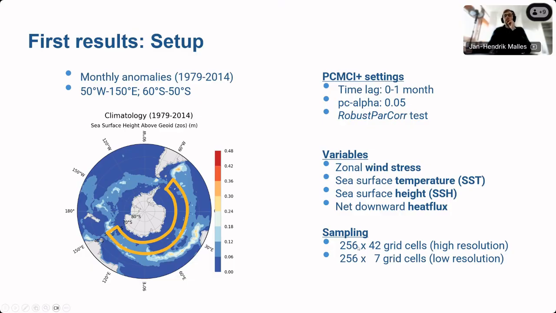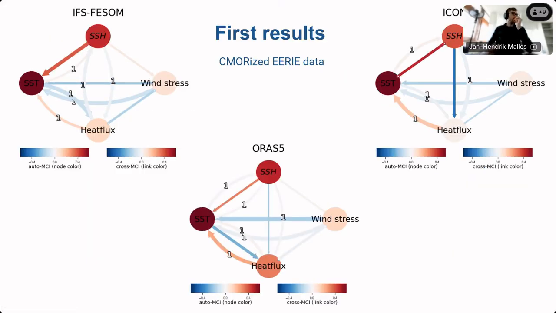Took 7 grid cells per sample, and the 256 I took because I parallelized it that way to run all of these samples on one core on Levante. Basically what it calculates is an aggregate graph across these 256 samples, and each of these samples consists of 42 grid cells themselves. Okay, so the results look like this.